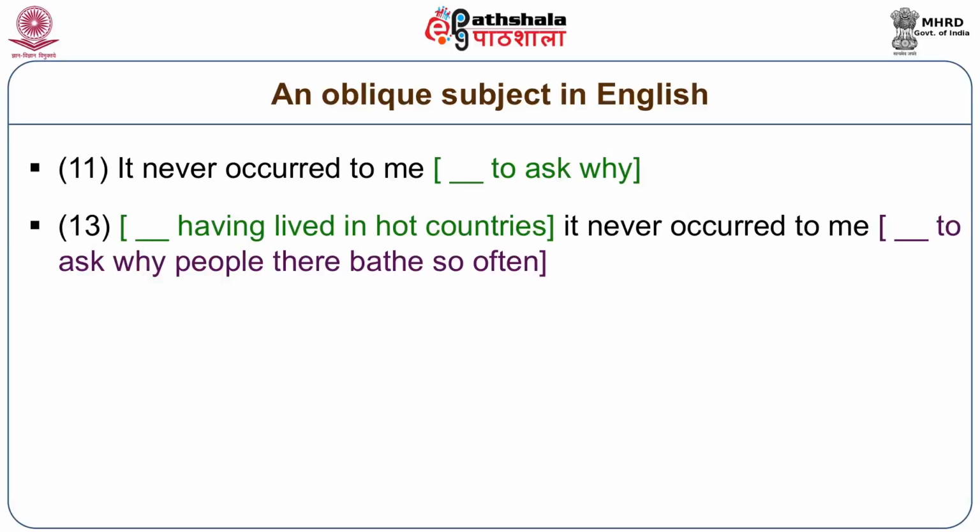Why? Well, look at example 13. "Having lived in hot countries," an adverbial participle whose subject is controlled by "to me," "it never occurred to me to ask why people there bathe so often."